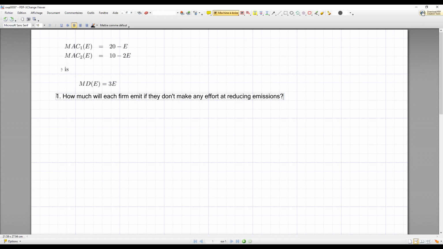So if you already have it, you can start thinking about the other questions. So the second one is, I'm just going to read it. If a mandate forces firm one to abate to have a total abatement cost of 50, how much will firm one emit? So here the government says to firm one, I don't care about your marginal abatement cost, but I care that you spend exactly 50 on reduction. So how much would that make firm one reduce or emit?